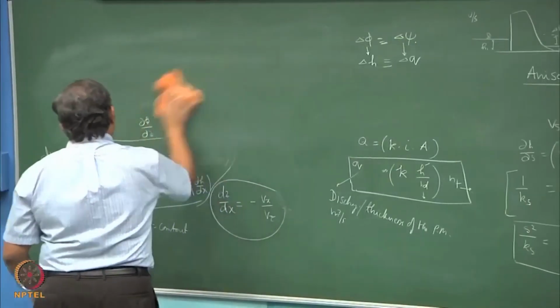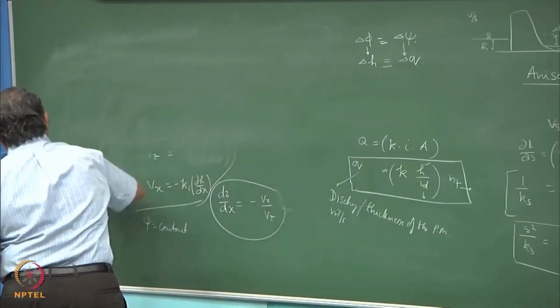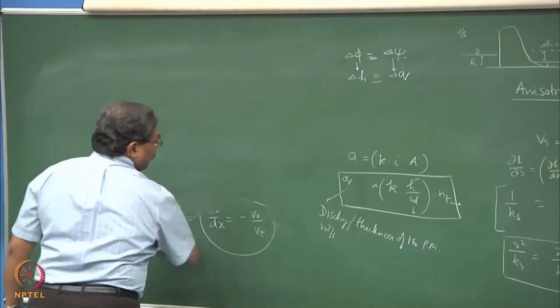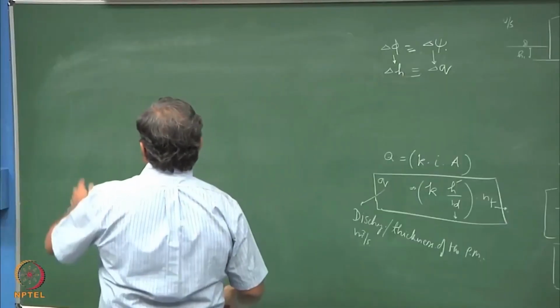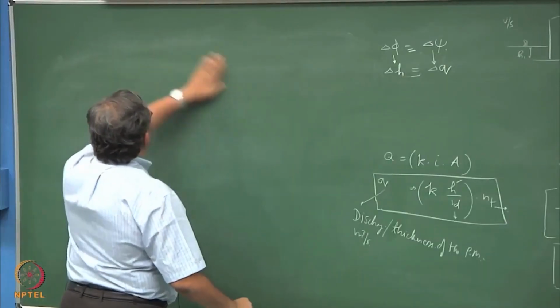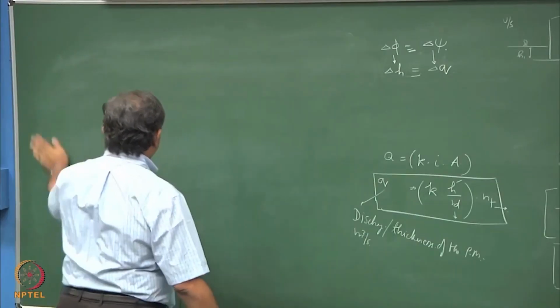Now, there is an interesting way of depicting the anisotropy by using the Laplace equation, which we had earlier assumed to be one dimensional flow and for isotropic conditions.